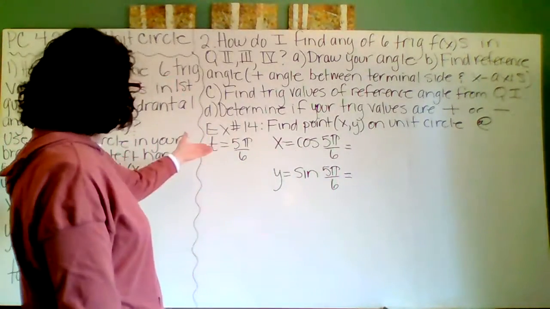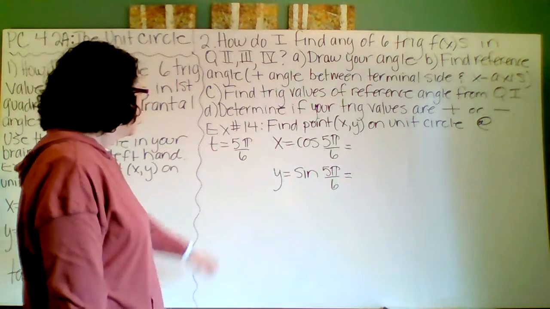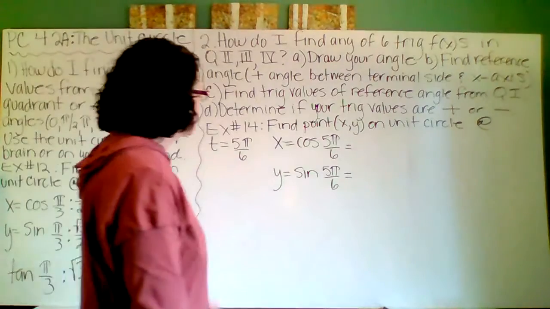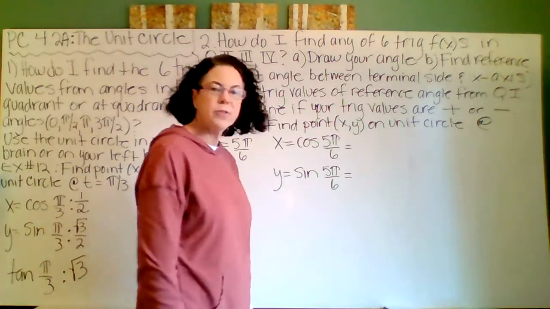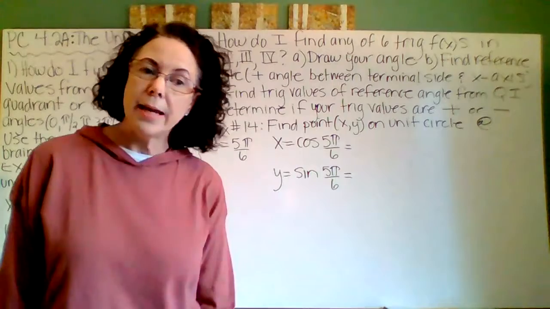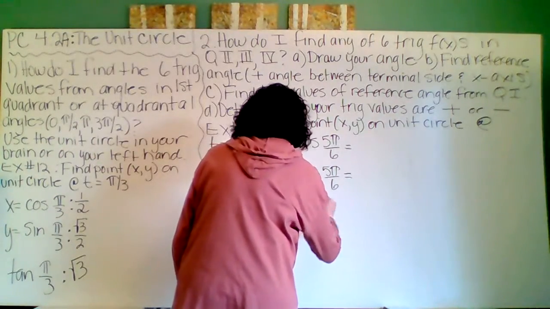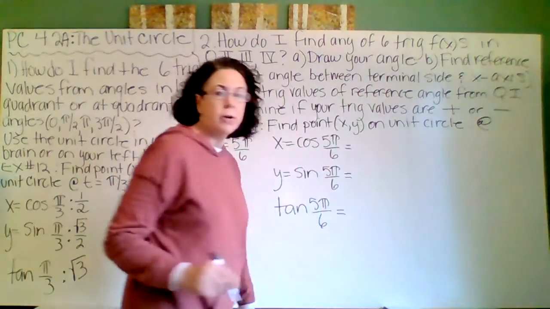So here's number 14. Find the point xy on the unit circle at t equals 5 pi over 6. In your book, they were just asking for cosine of 5 pi over 6 and sine of 5 pi over 6. We will also do tangent and we know what we would do to get the reciprocal functions.